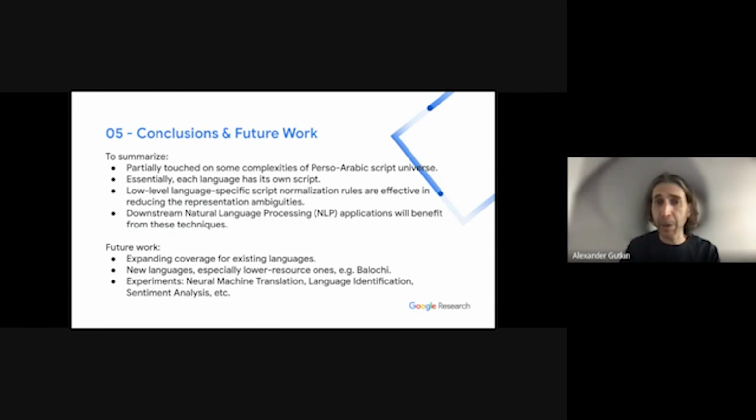And we also hypothesized that such normalizations would also benefit downstream NLP processing tasks. And for the future, we'll need to increase our coverage, introducing new languages, and running more experiments in more NLP tasks, such as building machine translation systems or training sentiment analysis classifiers.